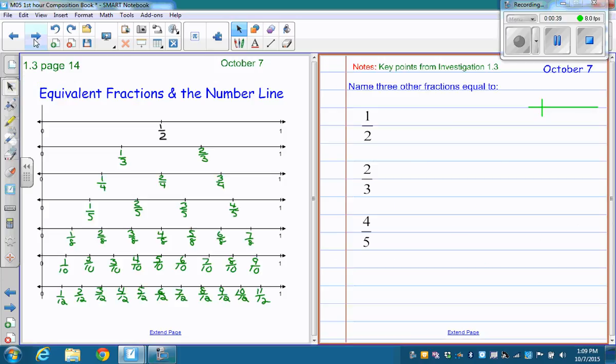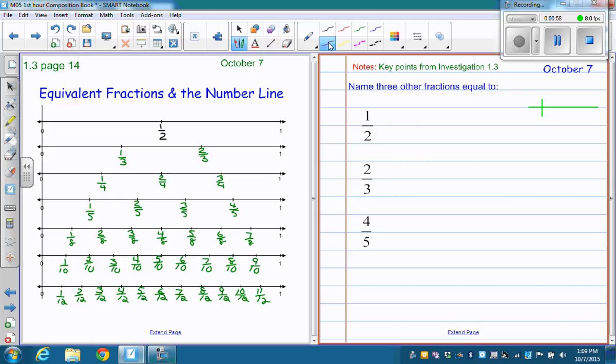So, in your notebook today, if you didn't get a chance to write notes down, this would be a good time to follow along. One of the directions was to name 3 other fractions equal to a half, and then do the same process.